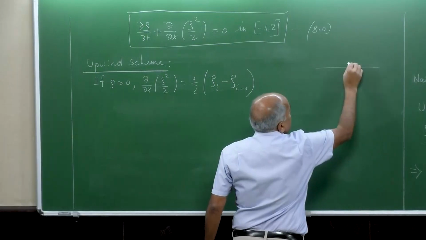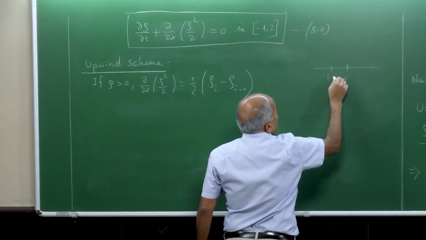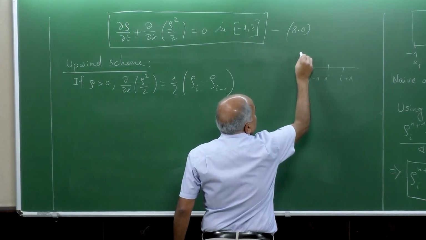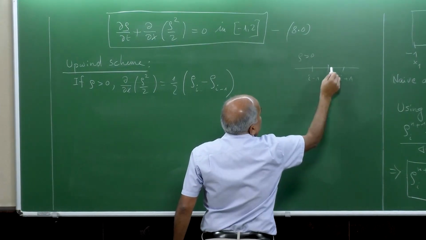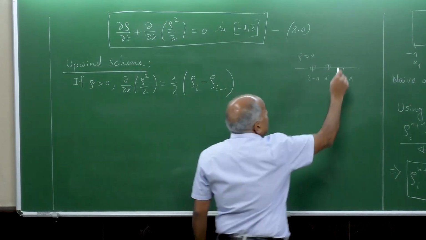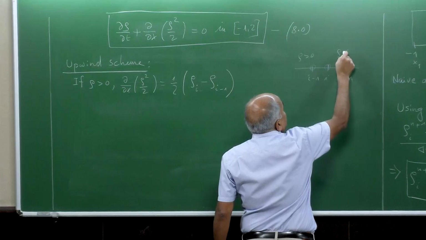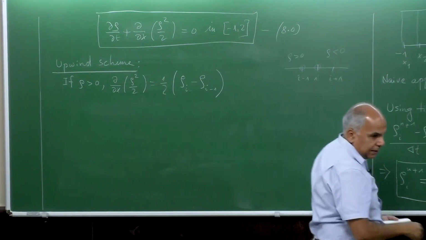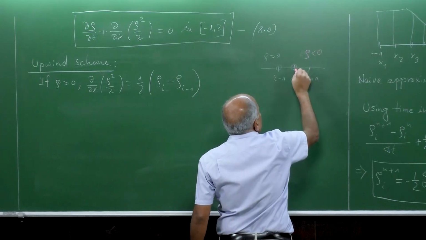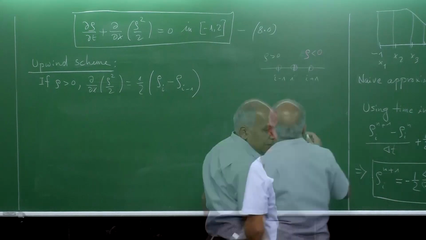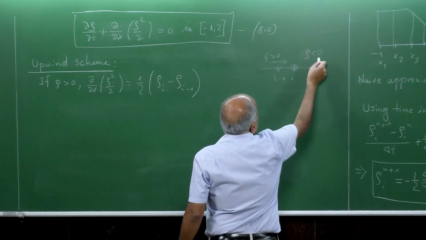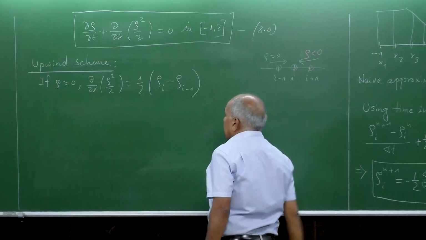So if it is positive, I take these two points, I minus 1 and I. If rho is negative, I should take this and this point, because the information is coming from here.